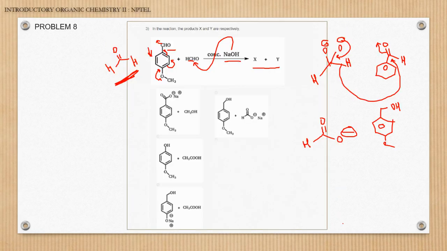So if you don't know which is more electrophilic between benzaldehyde and formaldehyde, then you will be confused by all of these options, and you will surely suggest that this particular aldehyde will form an acid rather than the formic acid formation. So first of all, in the Cannizzaro reaction, you need to know the more electrophilic center at which the base has to attack, where the dianion should form, and how the hydride will go onto another carbon.